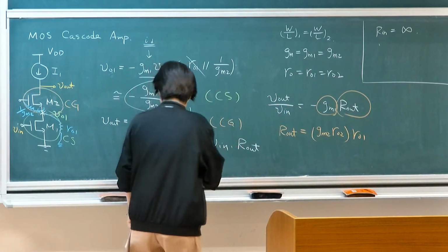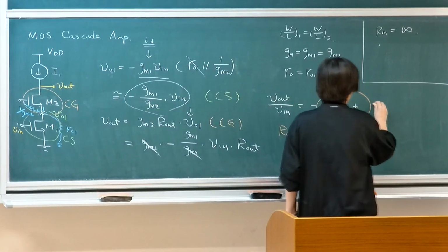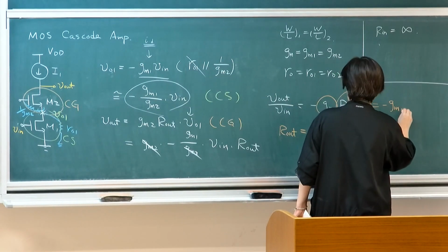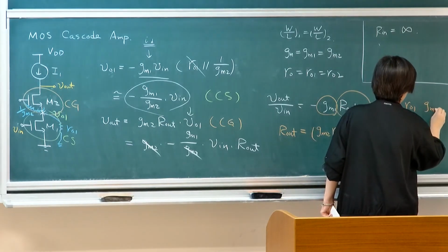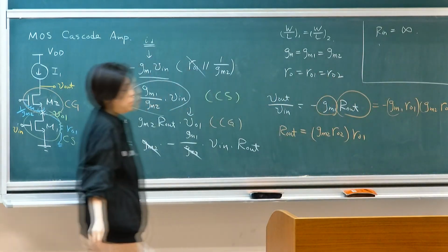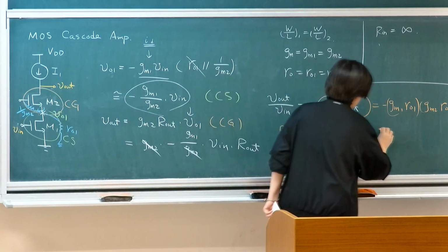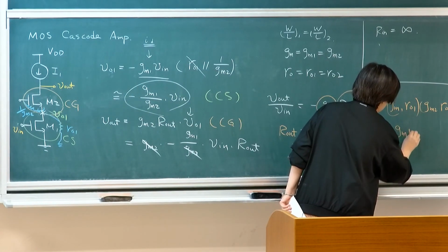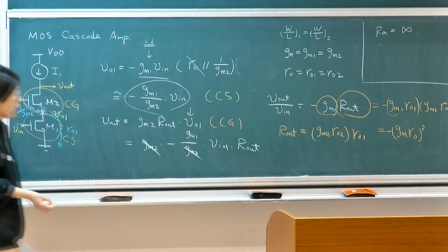Okay, so if I flip this back into the common gate stage, it will be minus GM1 RO1 GM2 RO2. So it will be the intrinsic gain of both stages stacked together. And because in most cases, if you're designing your transistors identical, it will simply be GM RO squared, the minus remains.